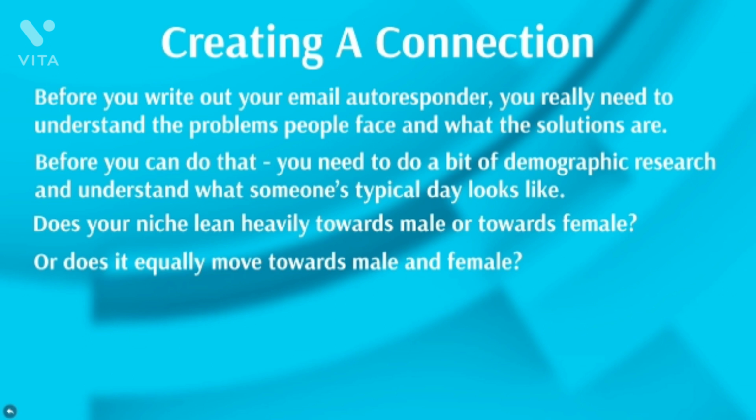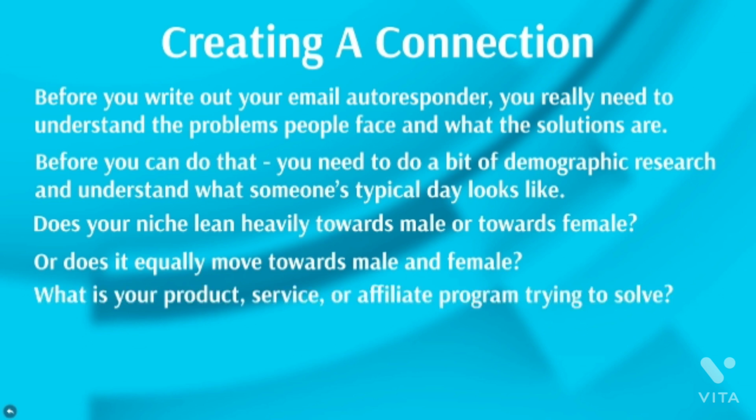But even at 75%, you're kind of moving towards 50%, so that it's both male and female. But if it's heavily towards males or heavily towards females, 80% or above, or 90% or above, then you want to jot that down.